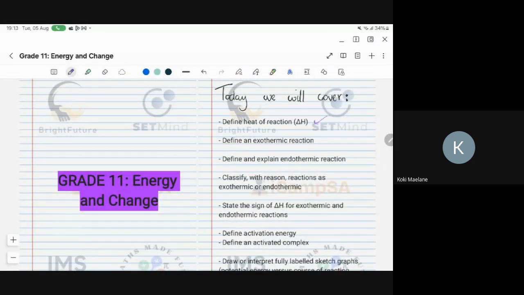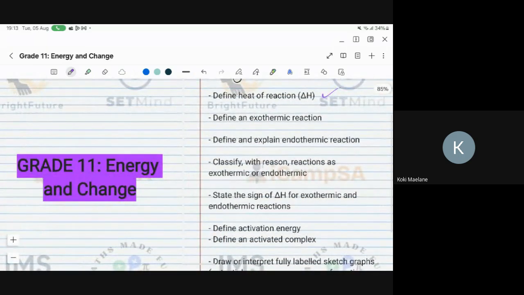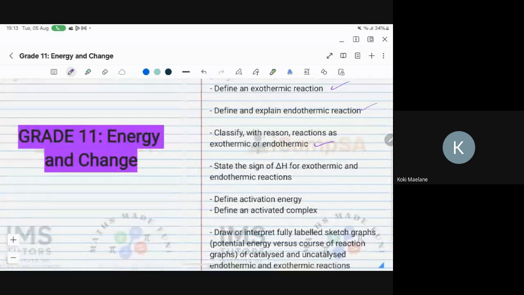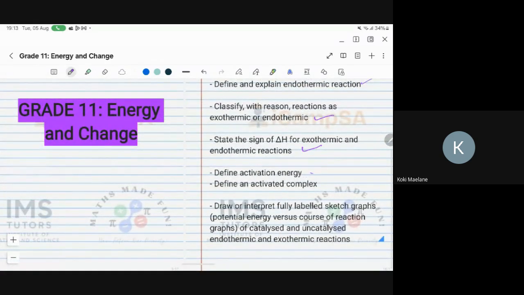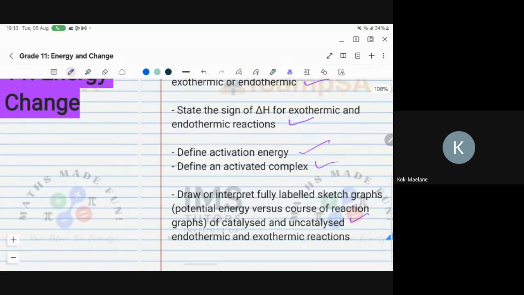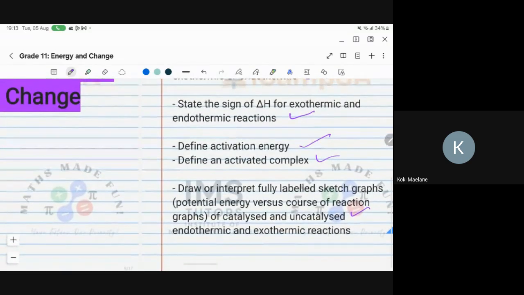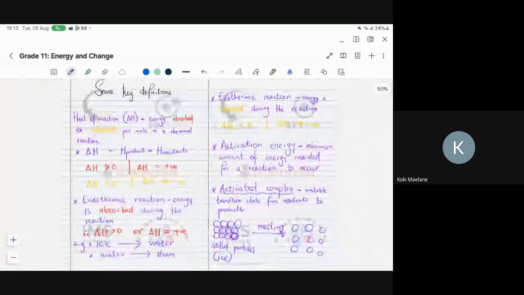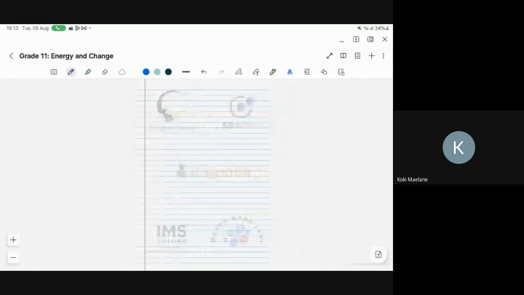We've defined the heat of a reaction. I hope by now you understand what it means even practically. We've defined exothermic and endothermic reaction, and we've explained the difference. We've classified what this means as well. And also the signs. We've defined activation energy and activated complex. We've drawn and labeled these energy diagrams or graphs. So now let's see if we can get an example up here. A typical example.